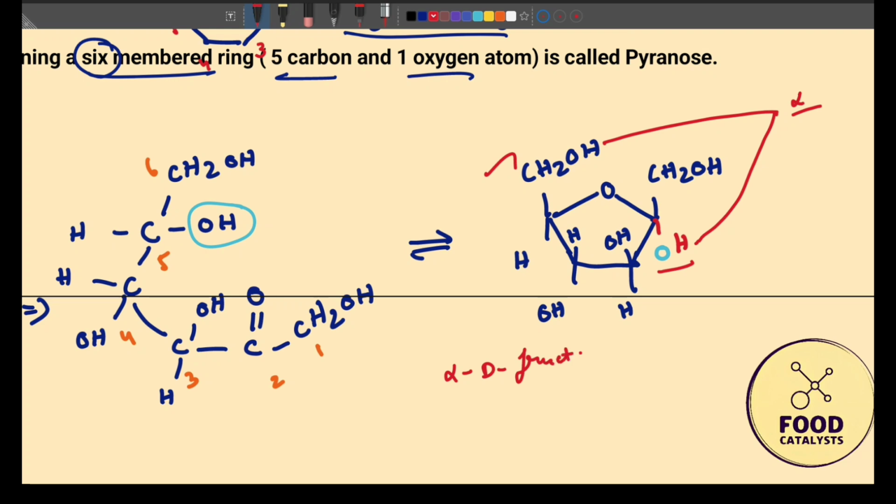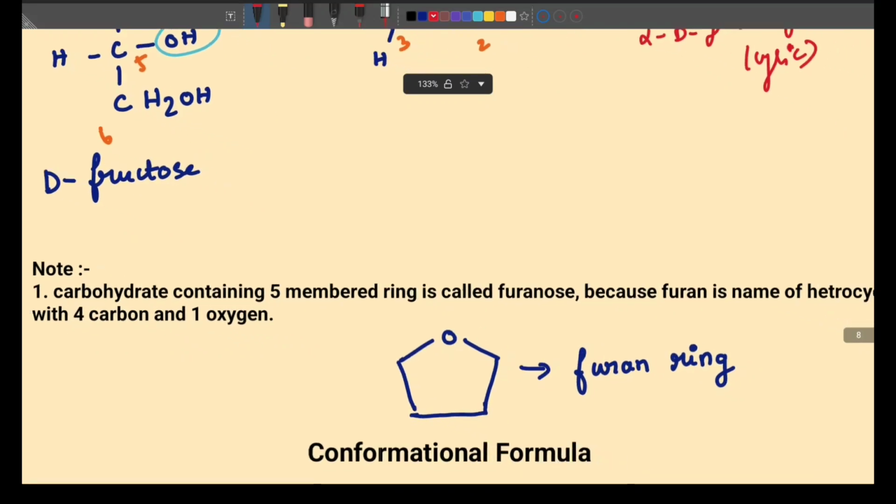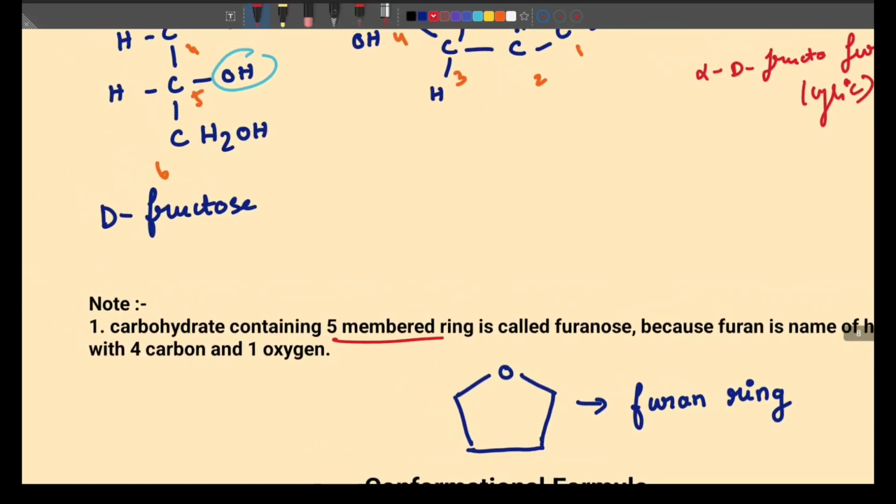Fructose here has the structure called furan, so it is actually furanose. Okay, so this is a cyclic structure. Let's study some important facts about furanose also. It is a carbohydrate containing a 5-membered ring.